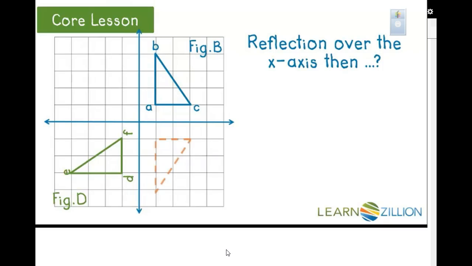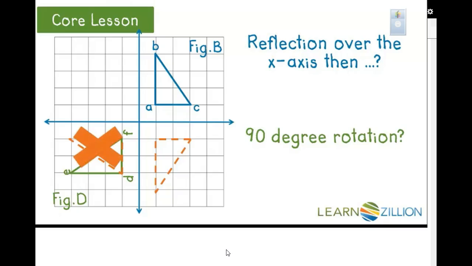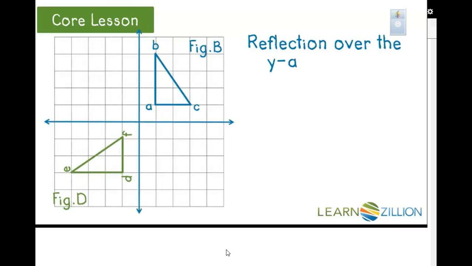First, we'll try reflecting over the x-axis. Can we get to figure D from this quadrant? We'll try with a 90-degree clockwise rotation, and it doesn't fit, so this won't work. We'll try a reflection over the y-axis.